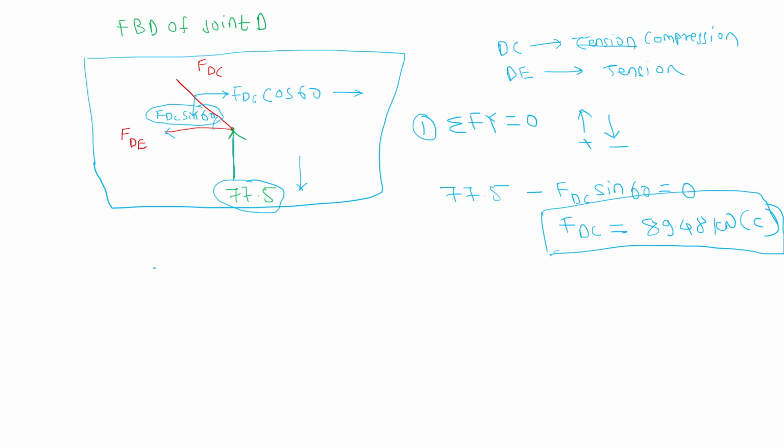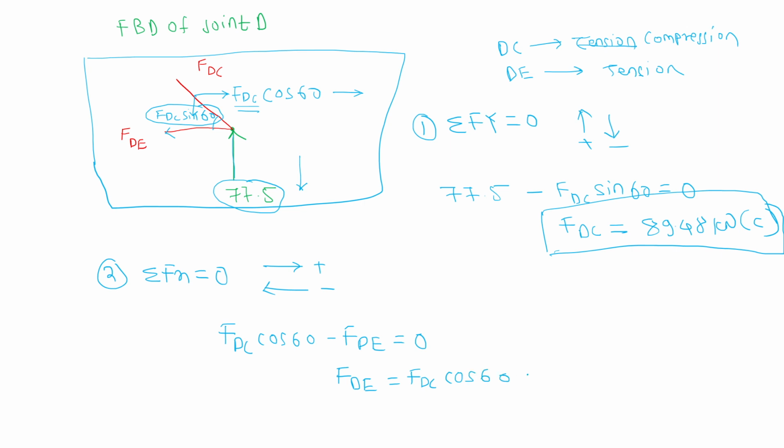Next, we have to use summation Fx is equal to 0. Second condition, towards the right take it as positive, towards the left take it as negative. So towards right, FDC cos 60 minus FDE is equal to 0. So FDE is equal to FDC cos 60.